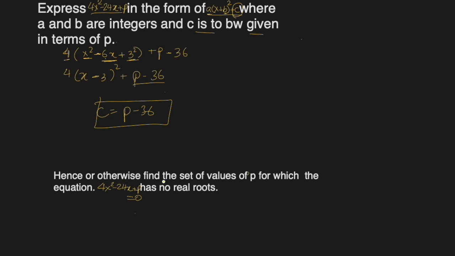Hence or otherwise, find the set of values of p for which the equation has no real roots. If some quadratic equation does not have real roots, that means the discriminant b square minus 4ac should be less than 0. It should be a negative number, and that's what we're going to do. What is a here? a is 4, b is minus 24, and c is p.